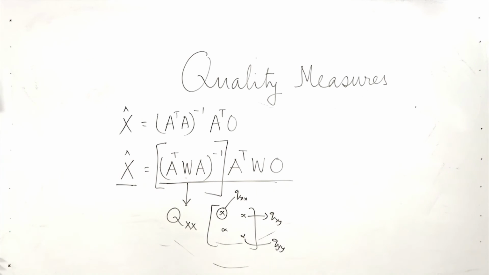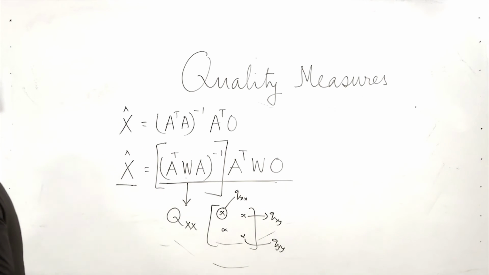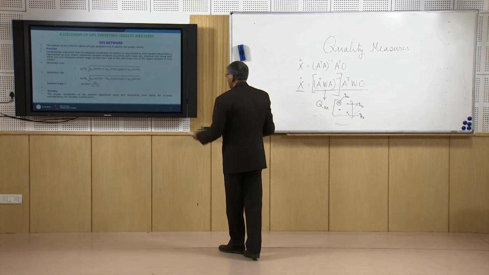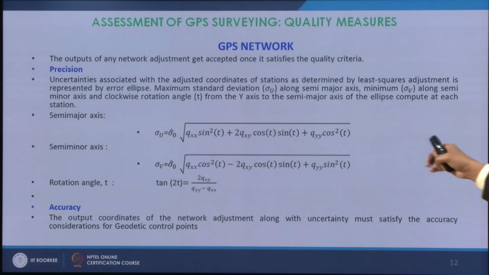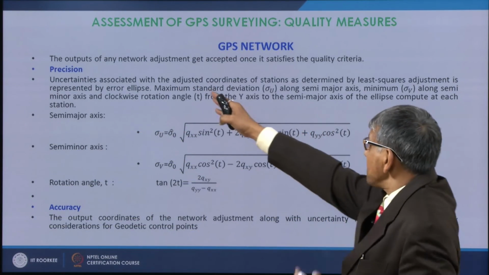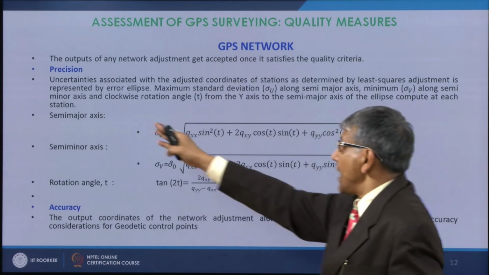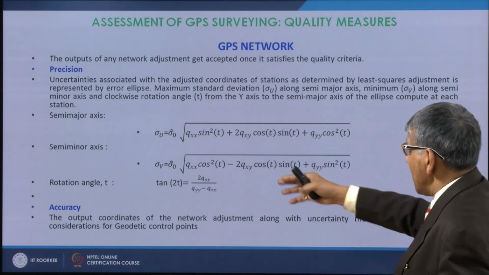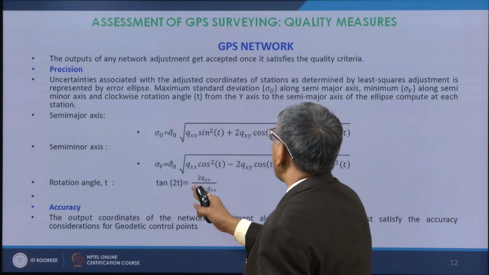So these values provide us, in the case of a GPS network, the maximum standard deviation along the major axis and the minimum standard deviation along the minor axis, and the rotation angle is this.